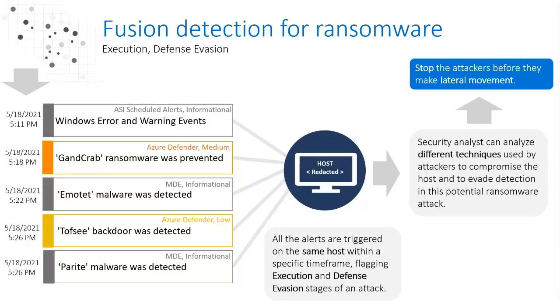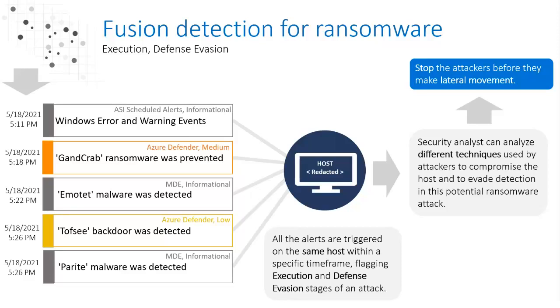So in a Fusion incident, the alerts related to ransomware or malware detection might indicate that the ransomware or the malware was stopped from delivering its payload, but it does not mean that your environment is completely safe.